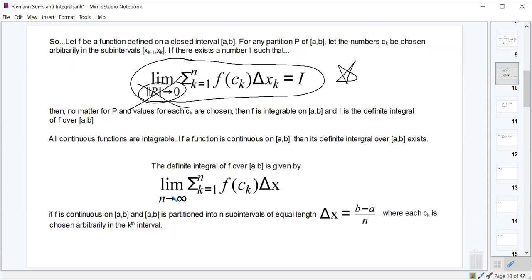We could just say the limit as n approaches infinity. So the limit as the number of subintervals approaches infinity of the sum of the areas of each of the rectangles that we've drawn in there. And our delta x value is no longer a delta x of k for the specific interval we're in, but just a delta x in general because all of them have the same length. And they all have a length of that h from the trapezoidal sum, b minus a over n.